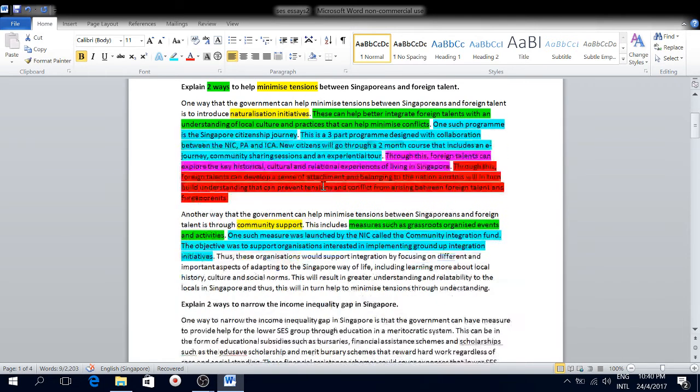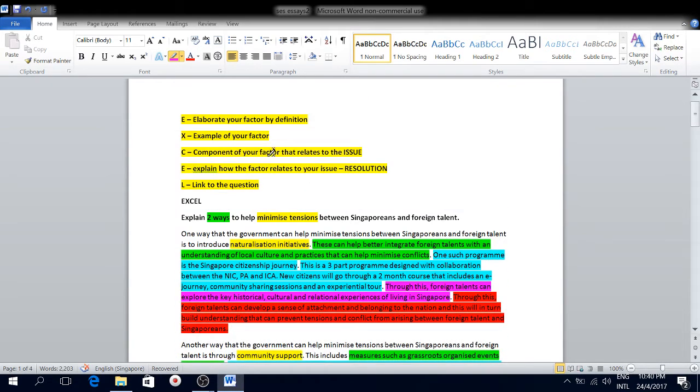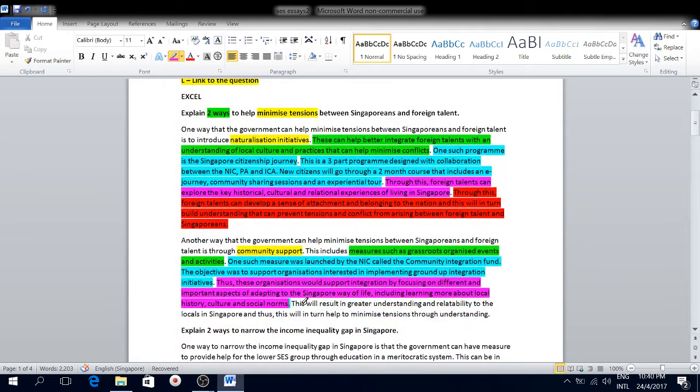So yes, these organizations support integration by helping the immigrants to focus on these things. Okay, so this is my key component of my factor, how it links back to integration.